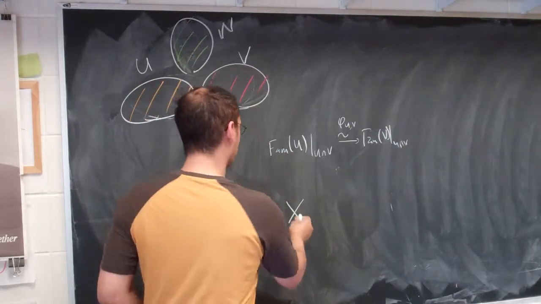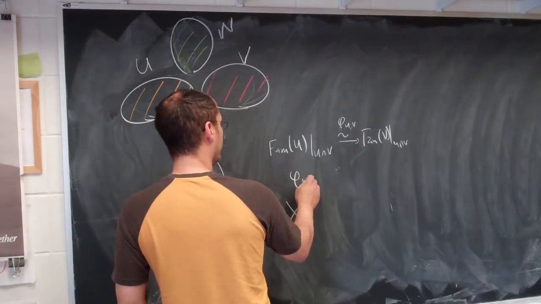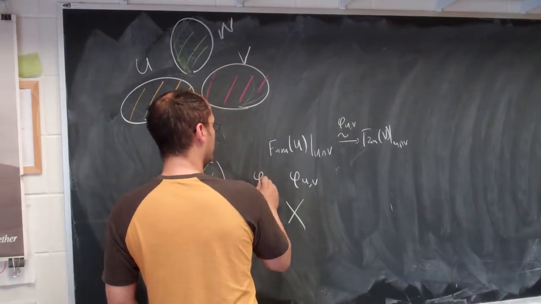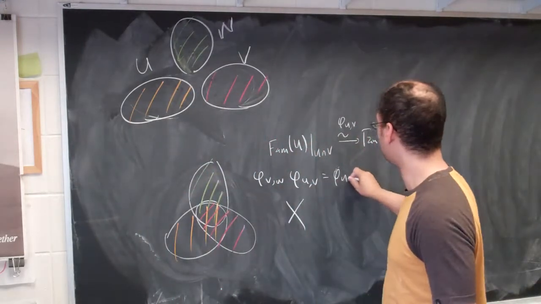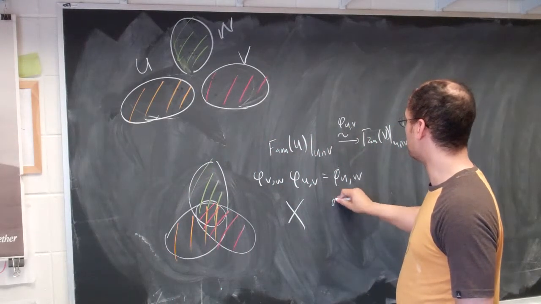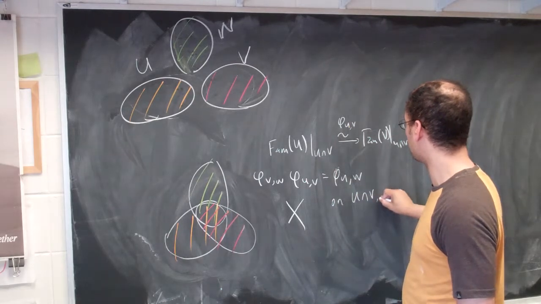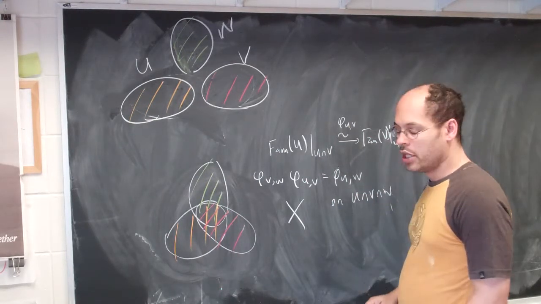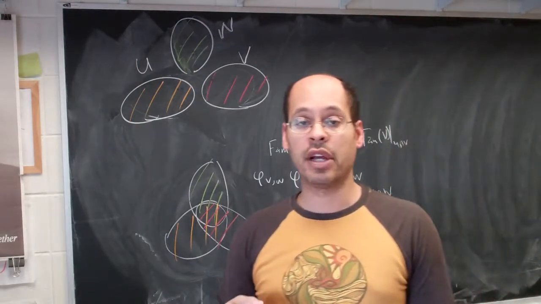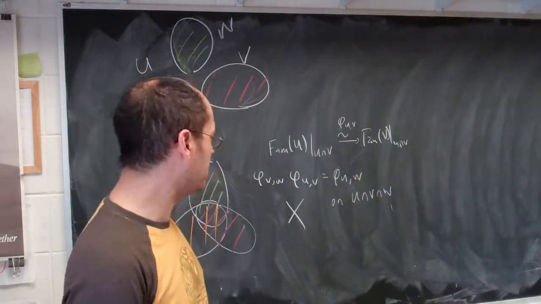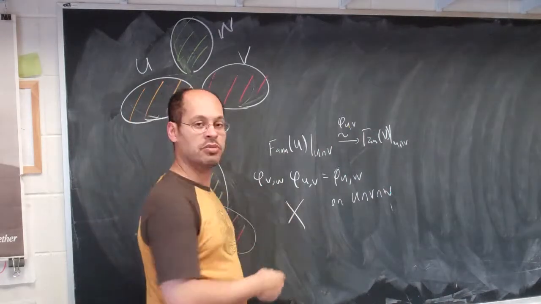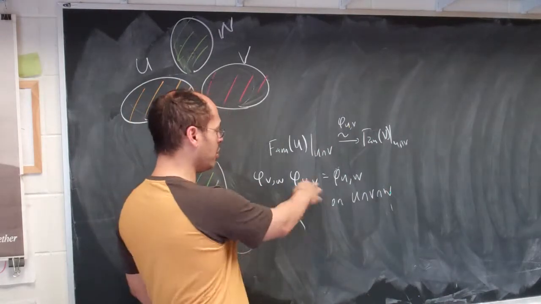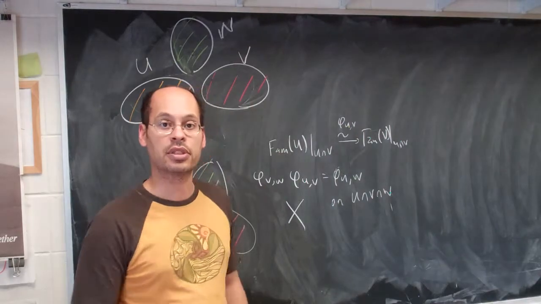So there's this well-known compatibility, phi of UV, phi of VW, should be equal to phi of UW, at least on this triple overlap where these things make sense. So in the context of families of objects on a topological space, descent data exactly consists of choices of these isomorphisms, phi UV, such that for every triple overlap this condition holds.